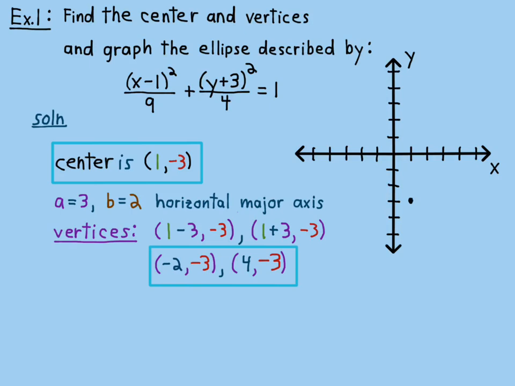Okay. So that's the center. I graphed 1, negative 3. 1 minus 3 would be negative 2, so it's 1 comma negative 3. And then there's the vertices. What did I do? I just went over 3.